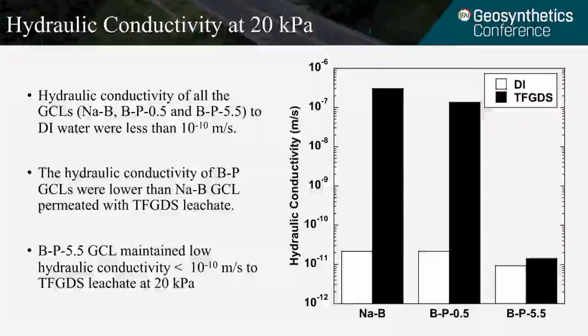On the other hand, the BP5.5 GCL, which has higher polymer loading, can maintain the low hydraulic conductivity to TFGD leachate, which indicates that this GCL can be used to manage this TFGD leachate.